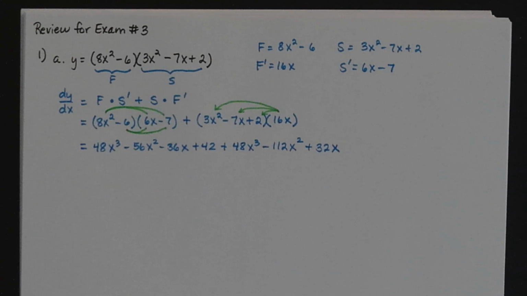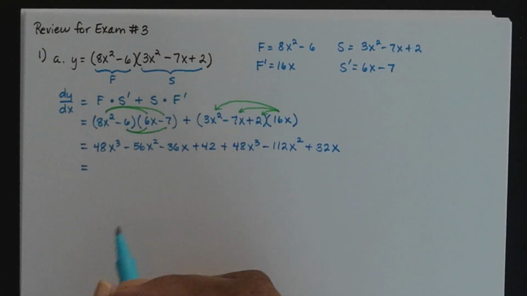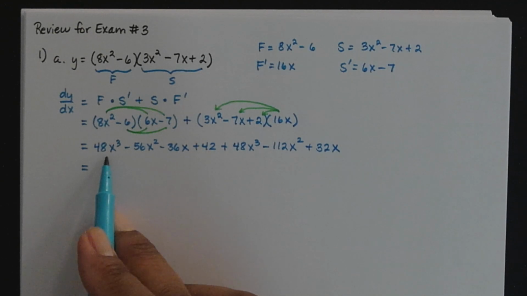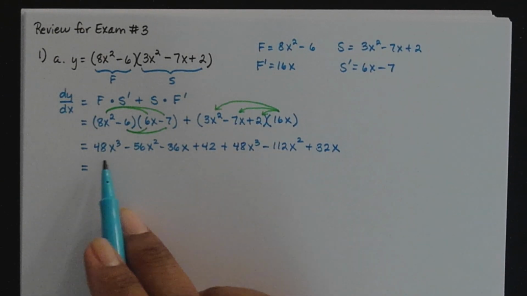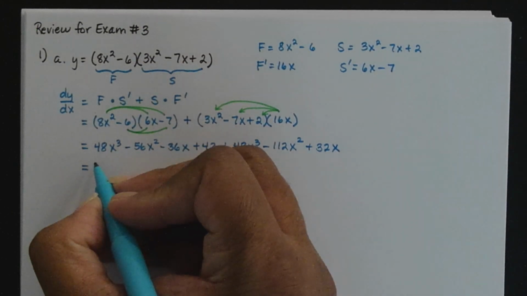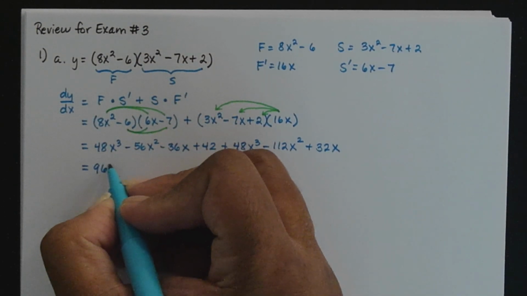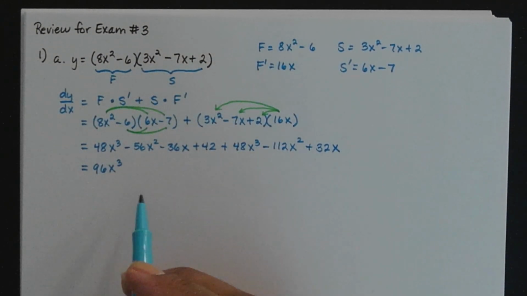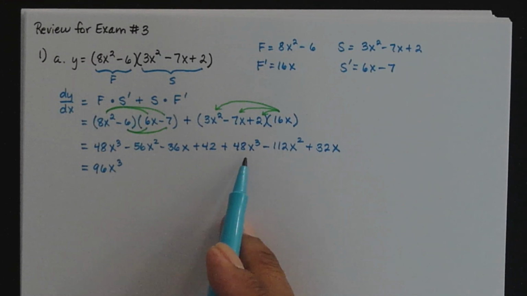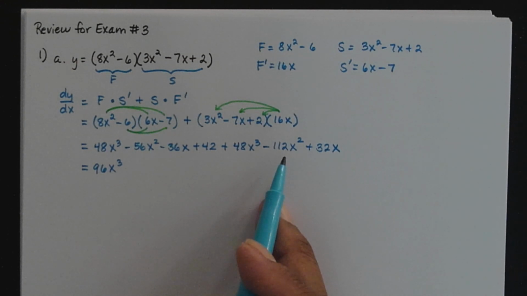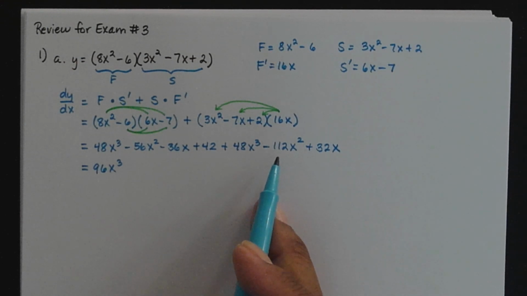Okay. And then from here, we just go ahead and combine some like terms if at all possible. Well, I see 48x cubed and a 48x cubed. If I add those two, I would get 96x cubed. Let's see, what else do I see? Minus 56x squared and a minus 112x squared.